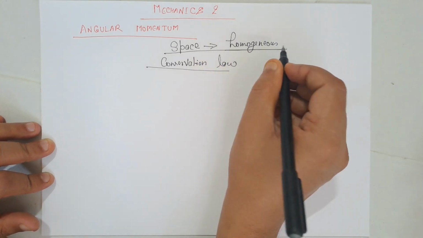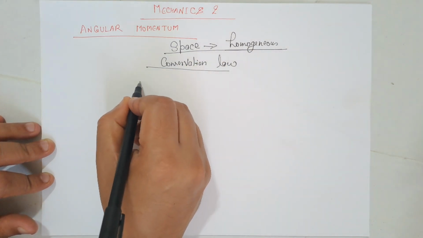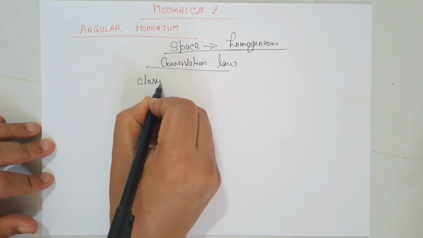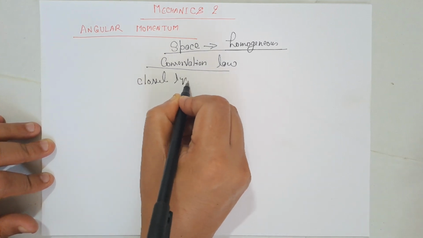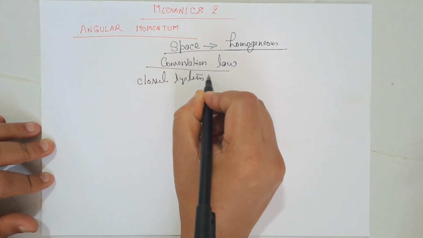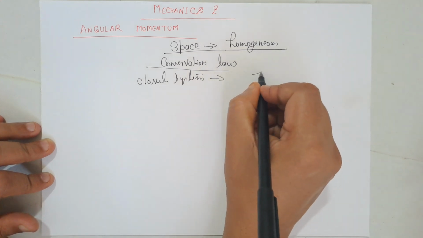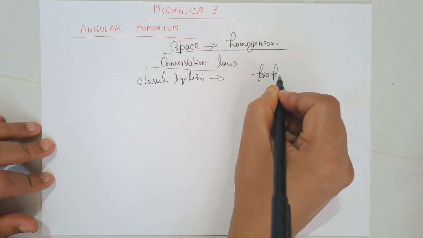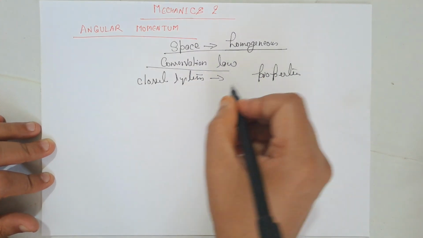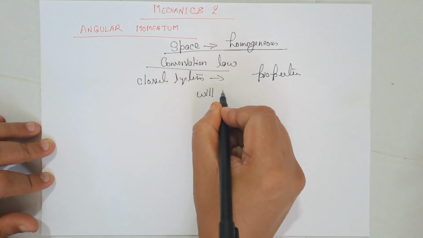If space is homogeneous, then any closed system and its properties will not change.